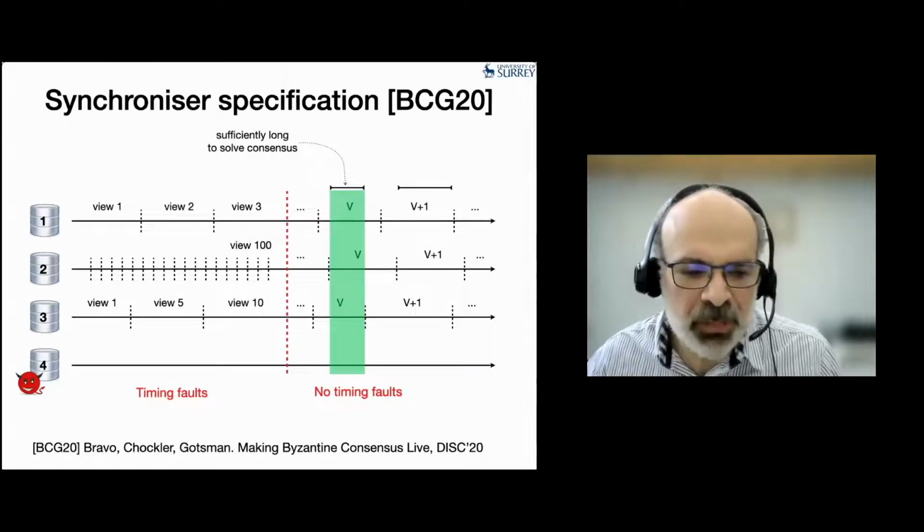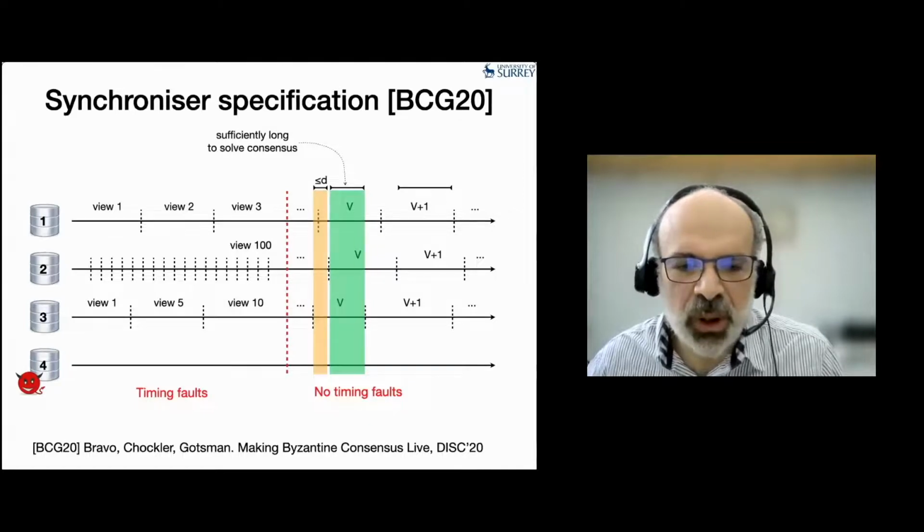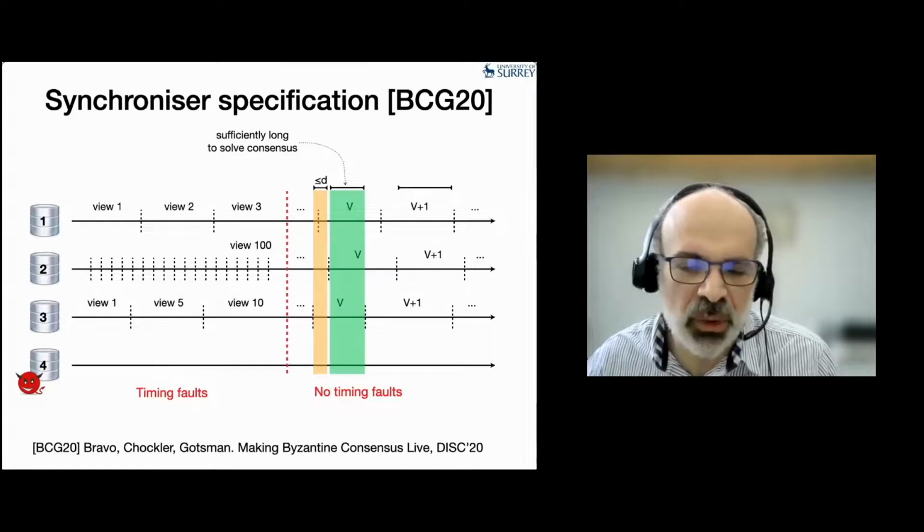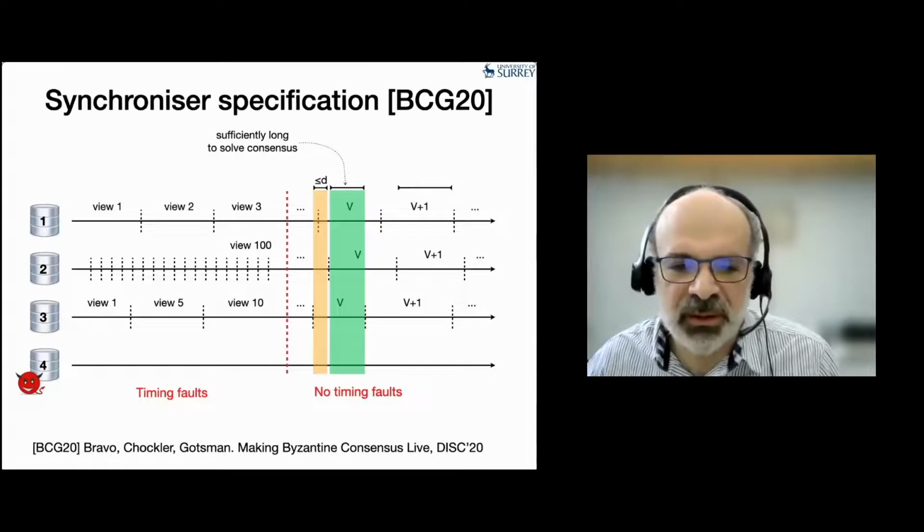If you're interested, the paper below with colleagues gives the full formal specification of the properties. In addition, we also require limited discrepancy at the entry into every view, and it turns out that some protocols require that. For example, Tendermint requires that we can also bound the discrepancy in the entry time.